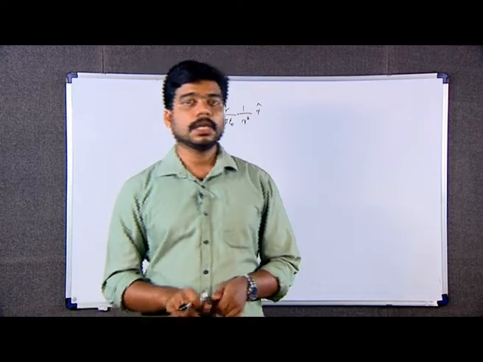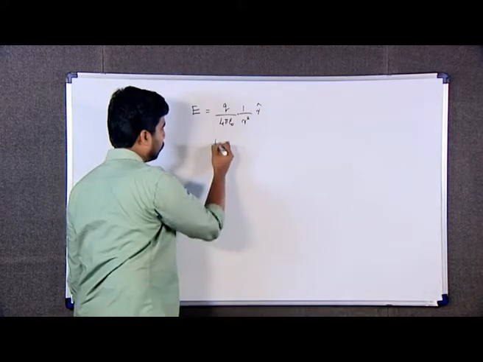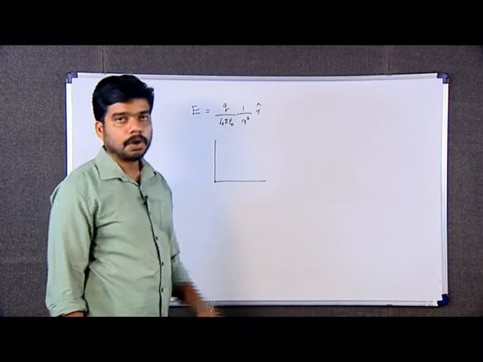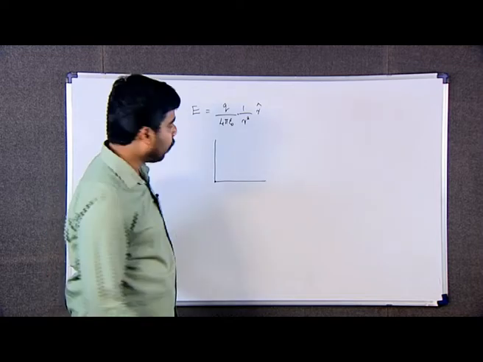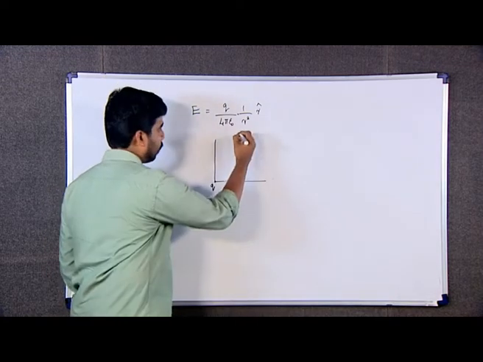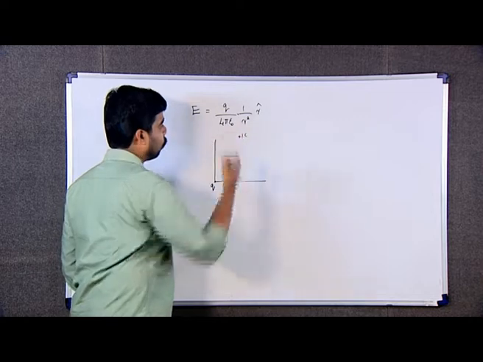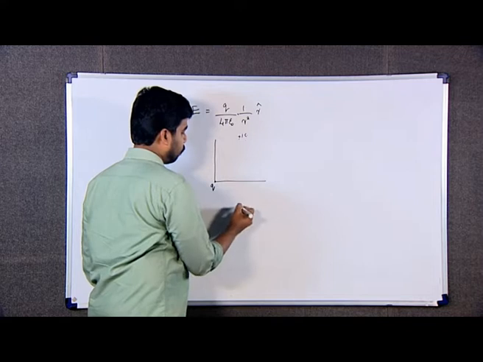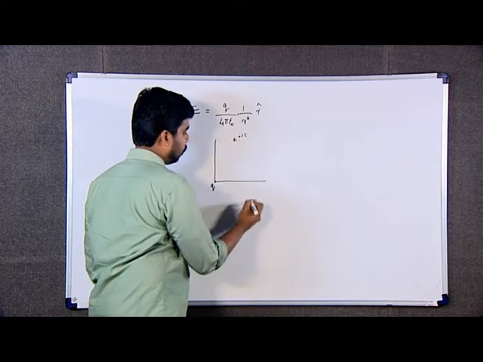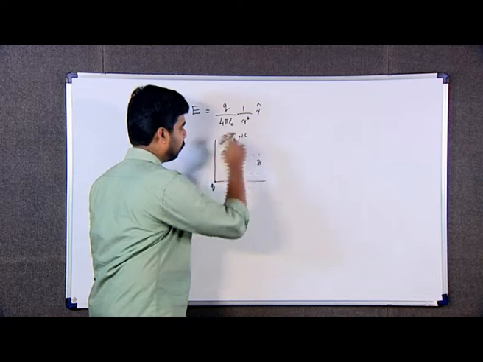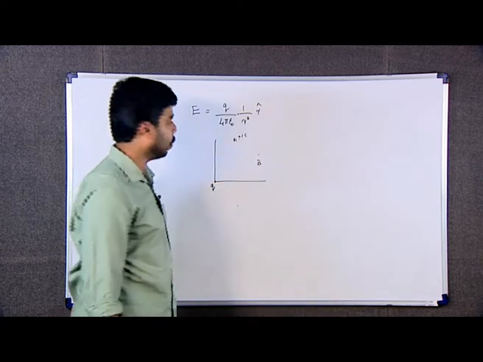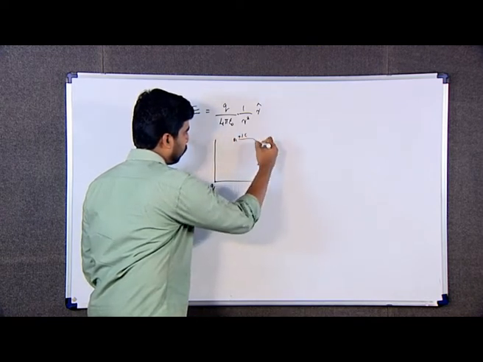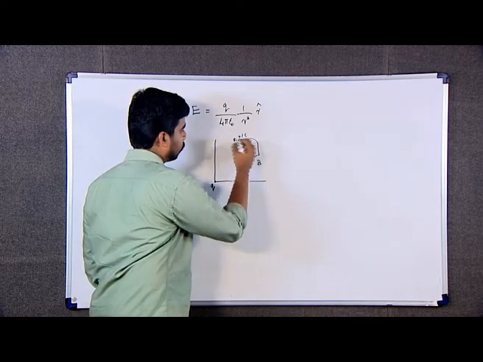So, let this charge be kept at the center, or at the origin, of the xy coordinate system. Now a point charge, that means a plus 1 coulomb charge, is moving from one point to another, that is from the point A to the point B. I can take this charge from point A to point B along any path.